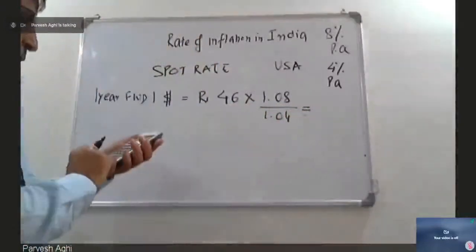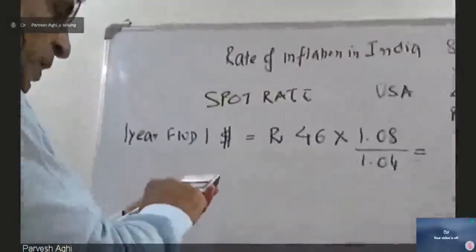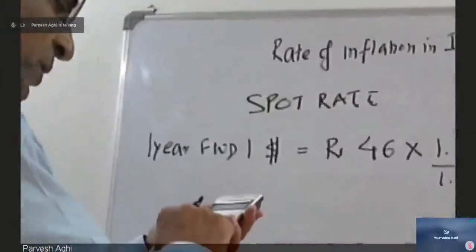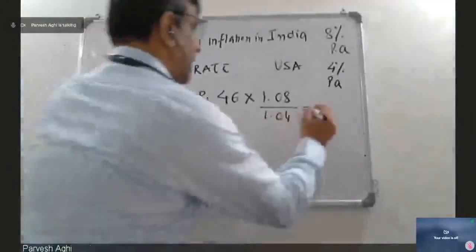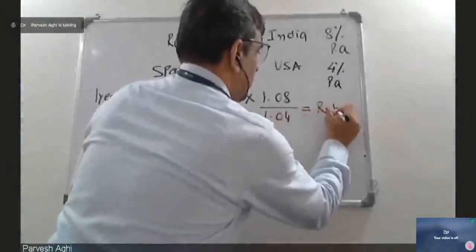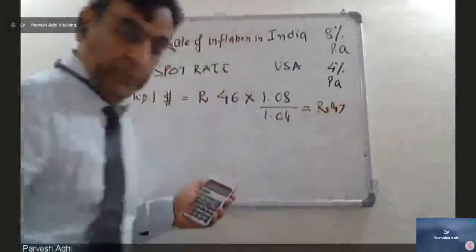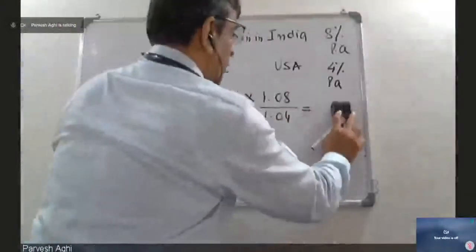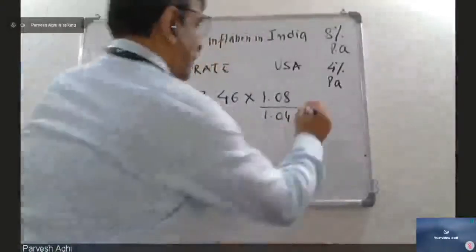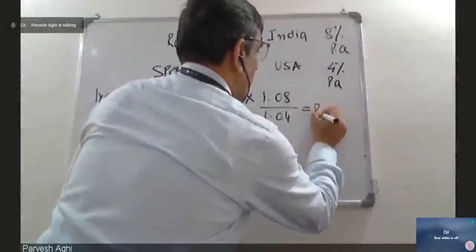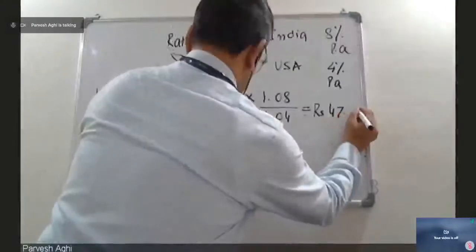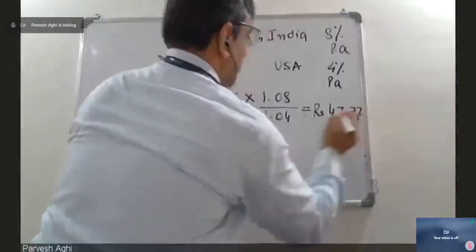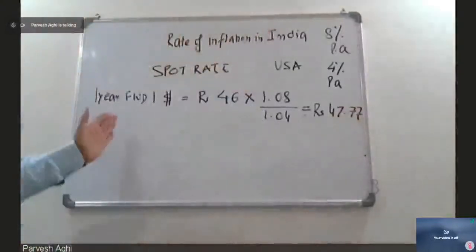So 1.08 divided by 1.04 multiplied by 46, we get rupees 47.77. So this is the 1 year forward rate.